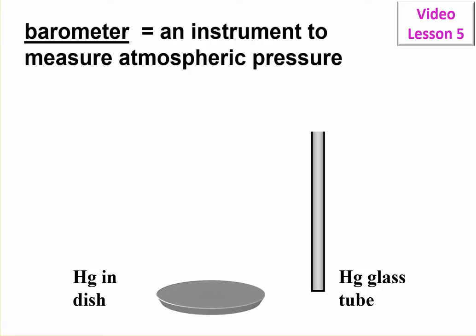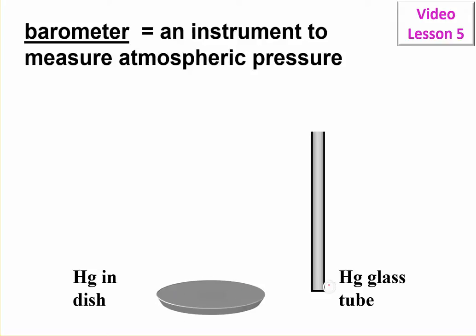Let's see how a barometer works, and it will help us understand how atmospheric pressure works and better understand these collisions as well. Anyway, to understand how a barometer works, the best thing to do is to talk about how to make one. And the way you make one is that you have to have a dish or a pan or something full of liquid mercury. So liquid mercury in this dish.